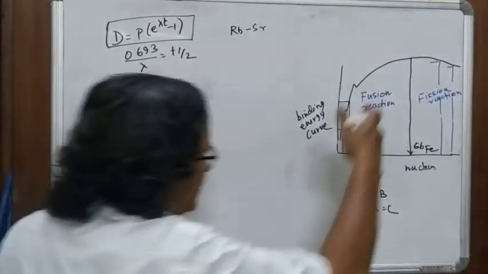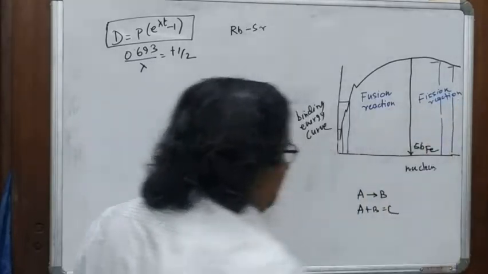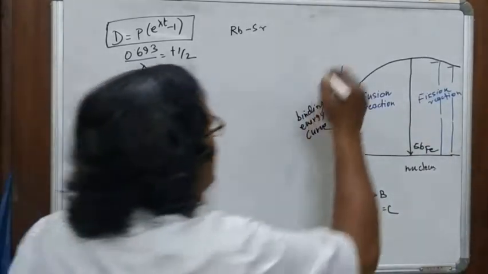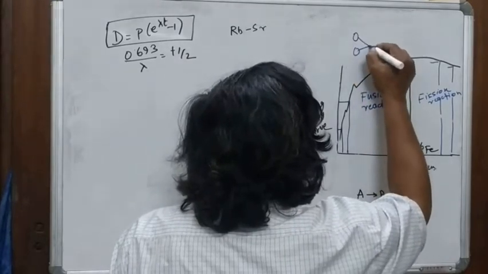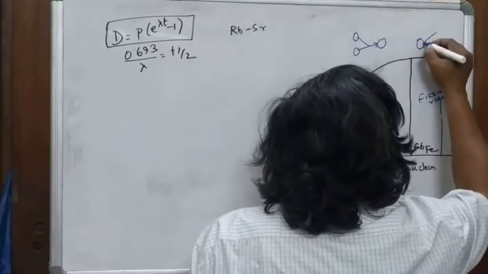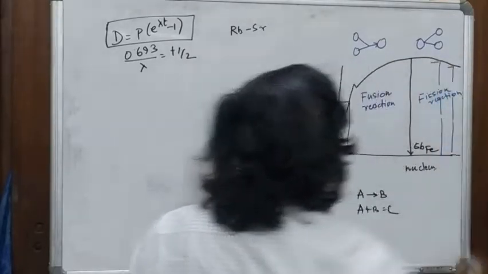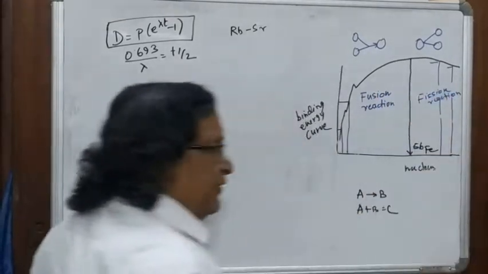So iron-56 is the line of division between fusion reactions and fission reactions. In fusion, two elements are fused to produce a new element. Here, one element is disintegrated into two or more elements, and this is what is called fission reactions.